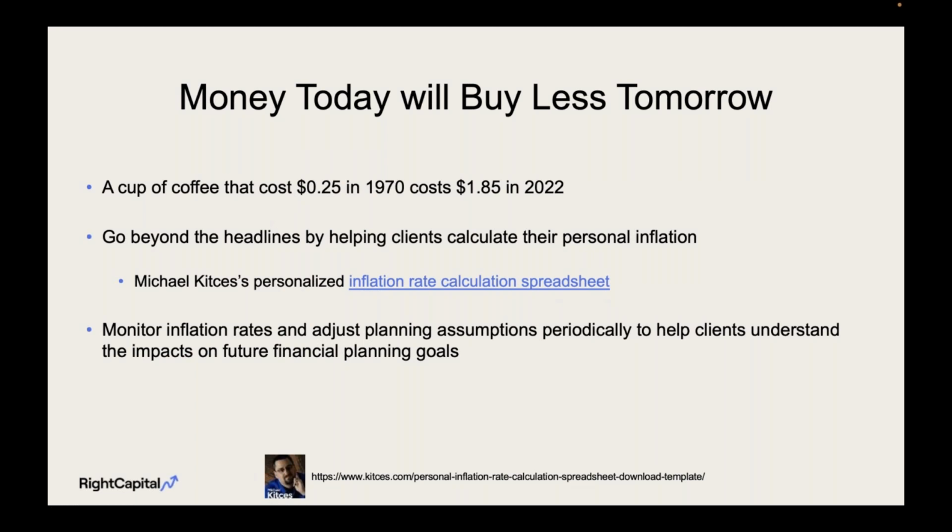We know that a cup of coffee in 1970 cost 25 cents, and in 2022 it costs $1.85. So one of the things that the Consumer Price Index doesn't do very well is really look specifically at the individual clients. And that's where we always like to recommend as well, really understanding the individual impacts for your clients.